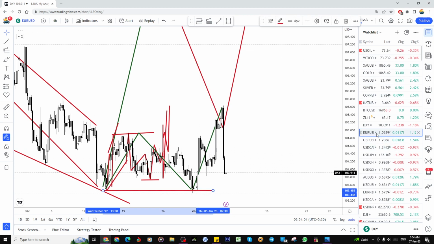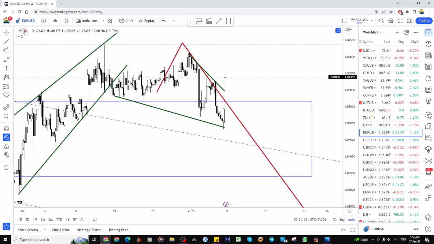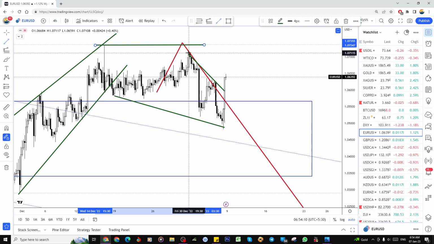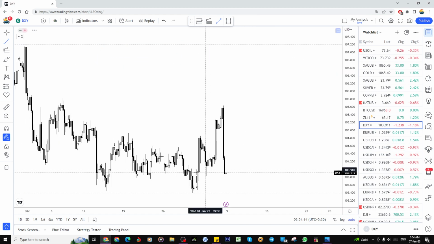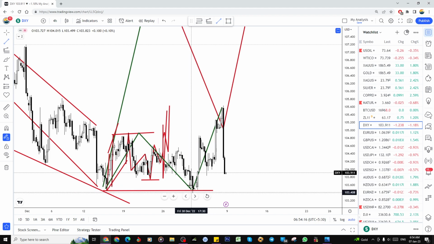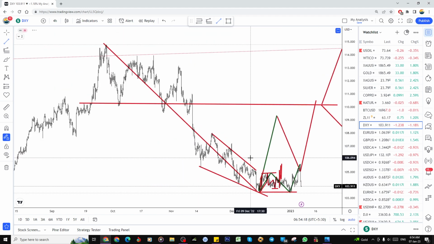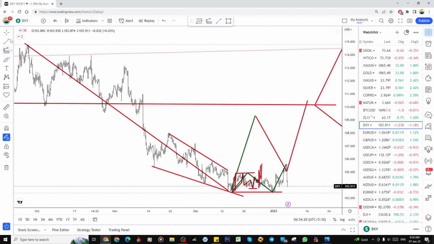But in Euro USD, it is not yet done here. But in DXY it has already broken this. So the point is whether this is the end of the trend in the diagonal formation.